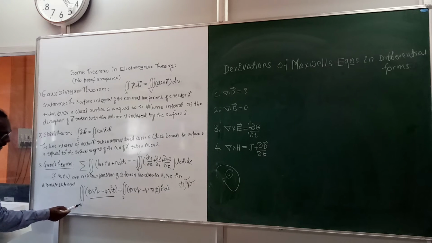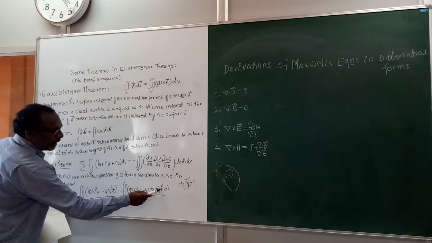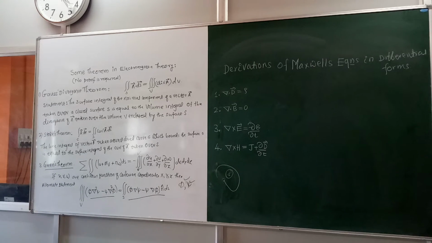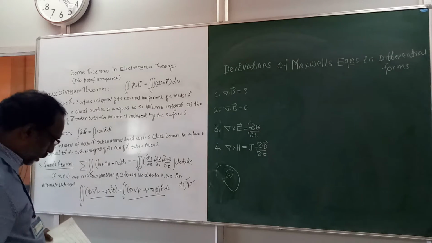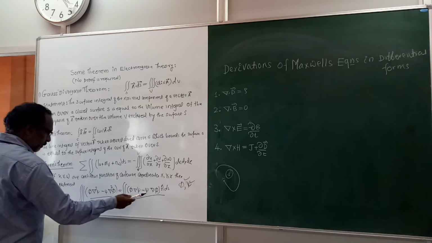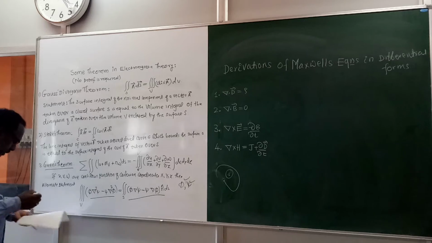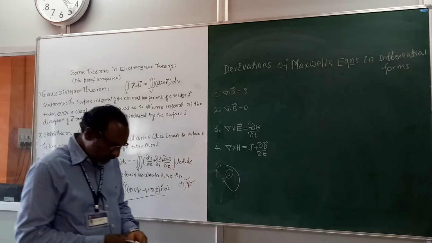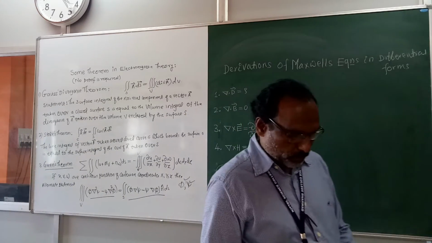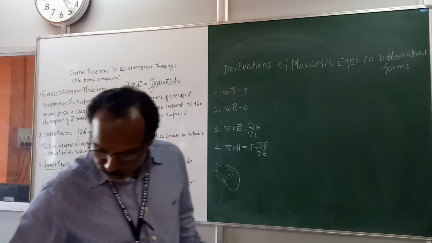This is a volume integral, which is equal to the surface integral, where n is a unit normal or outward normal drawn over the surface. So these are certain theorems. Sometimes they ask these theorems for 2 marks. Please prepare these theorems. If they ask, you can answer that.